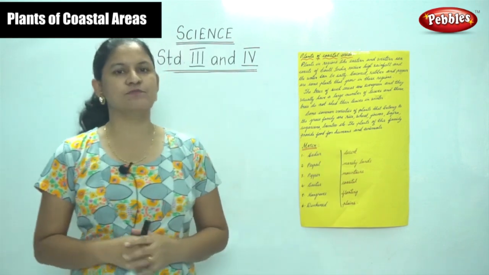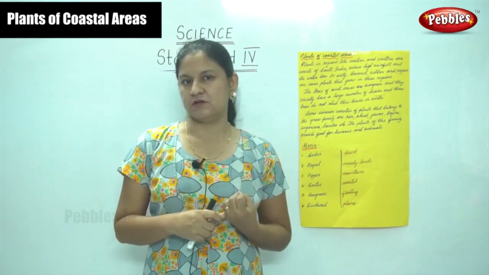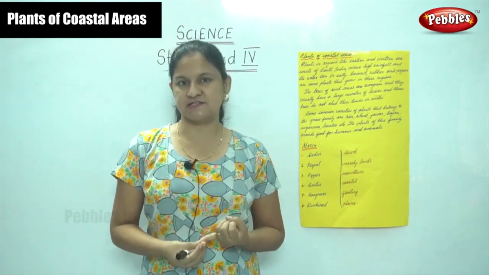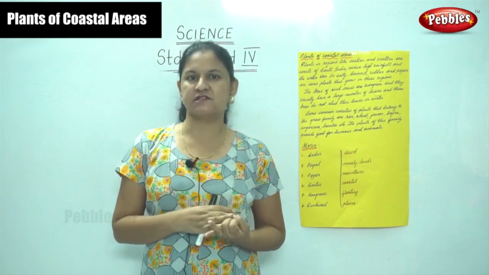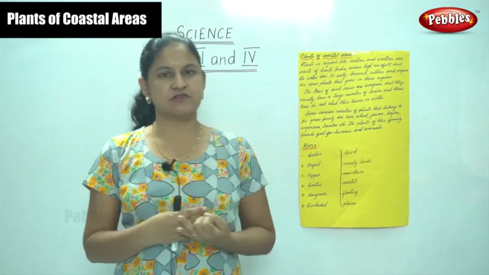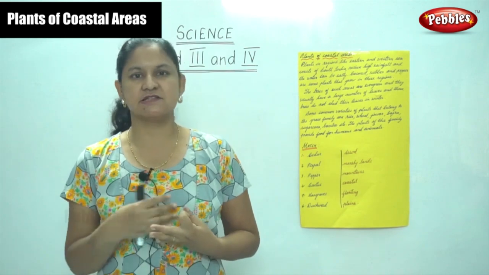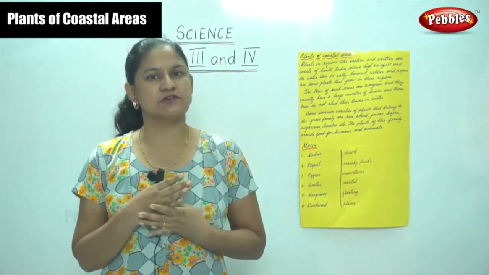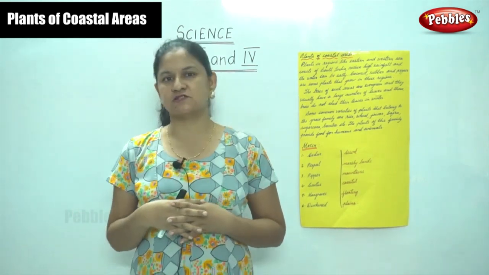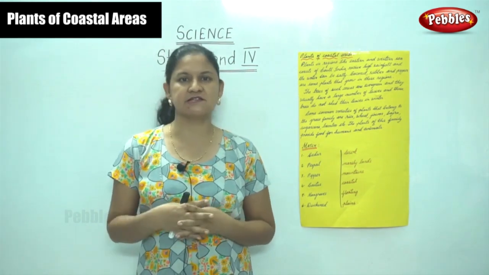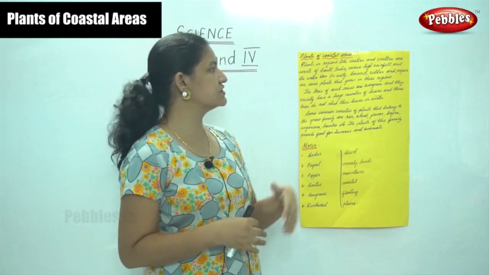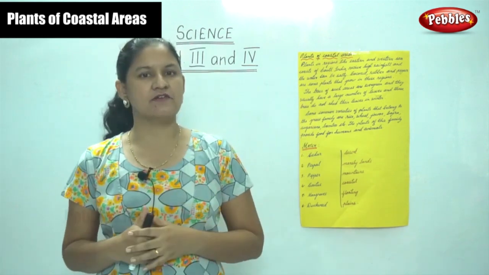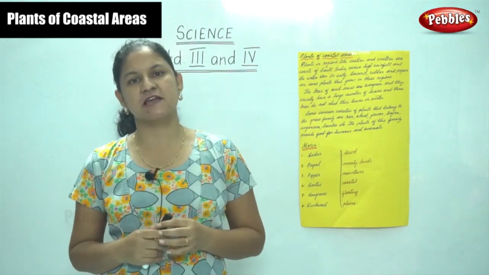So we have seen about plants that grow in your plains, that is your deciduous forest, plants that grow in the hilly or mountainous region, that is your coniferous trees, plants that grow in the desert, that is your cactus, plants that grow in the marshy places or swamp areas, that is your mangrove trees, and plants that grow in the coastal areas that receive high rainfall and the water can be salty.